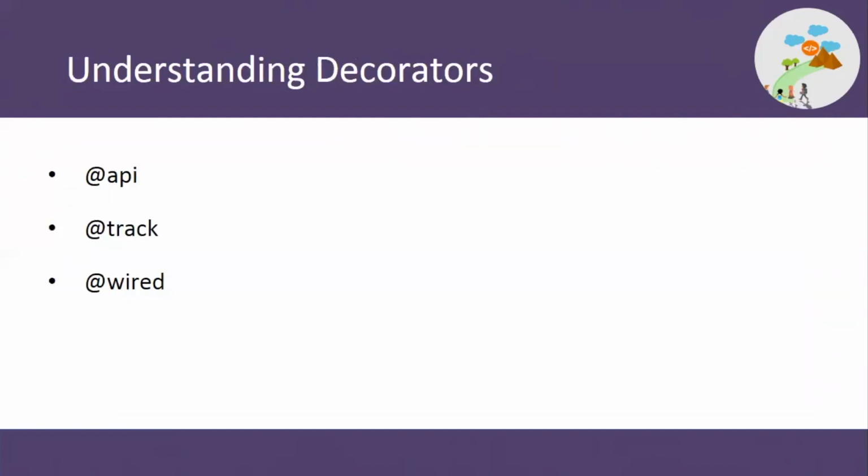Now, another very important concept is that of decorators. Don't get bogged down by these new terminologies. Decorators are nothing very different. You've been writing access specifiers in your code for a very long time, and decorators just fulfill the same capability over here, right? So what are decorators?